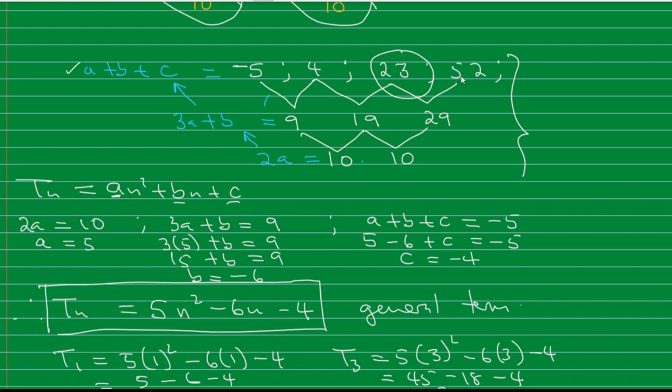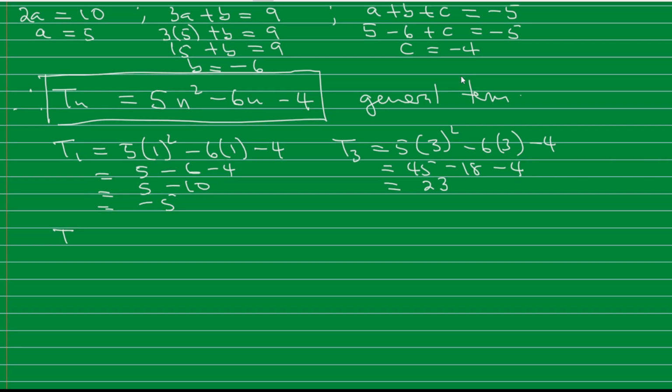So the importance of the general term is, in case they want to ask us T20, the term on position 20, we are able to calculate that. So it will be 5 times 20 squared minus 6 times 20 minus 4. Then you evaluate, that will give us the term. So that's the meaning of the general term.